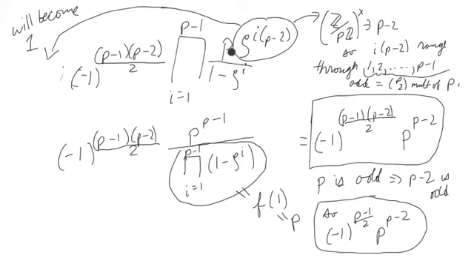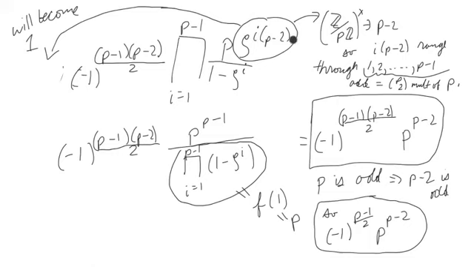Now let's examine this part right here, zeta to the i times p minus 2. Notice that p minus 2 is invertible mod p, and since zeta is a pth root of unity, we can think of these exponents mod p.